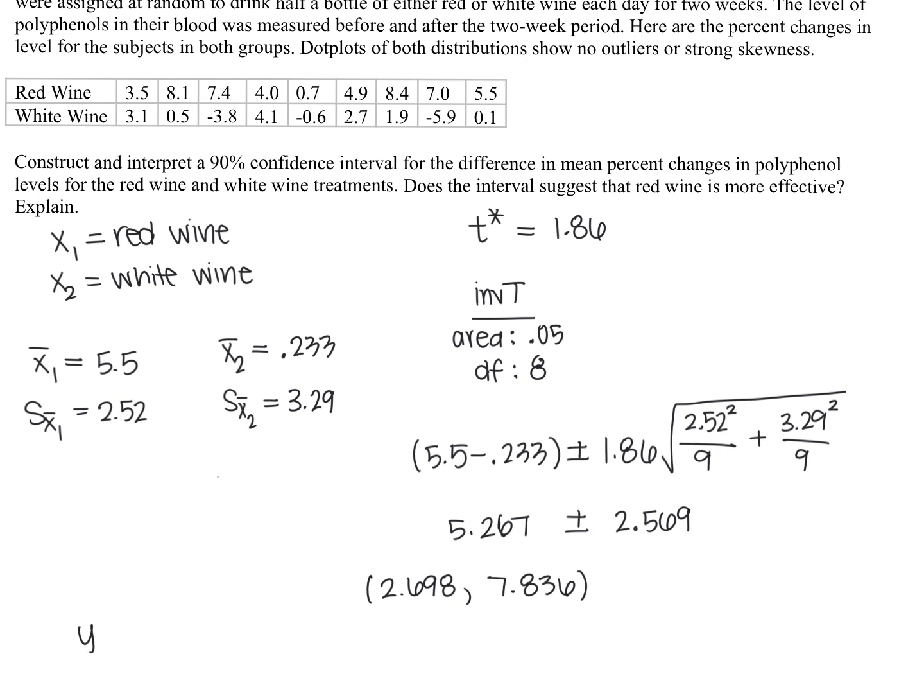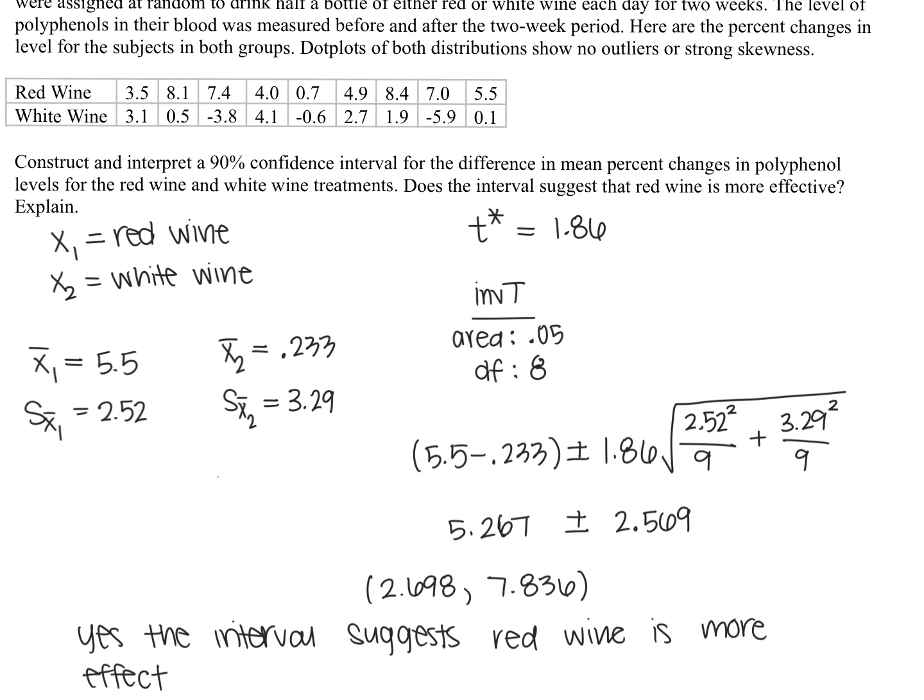So we're going to say, yes, the interval suggests red wine is more effective because the interval only contains positive values.